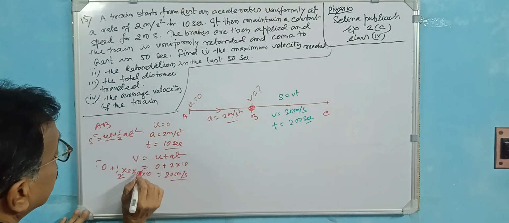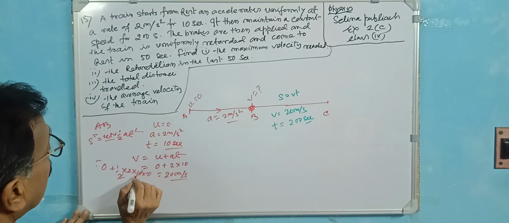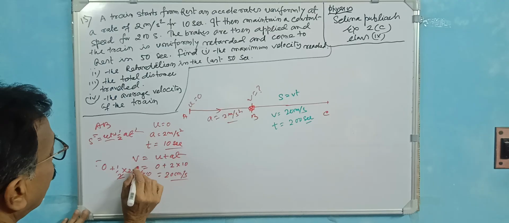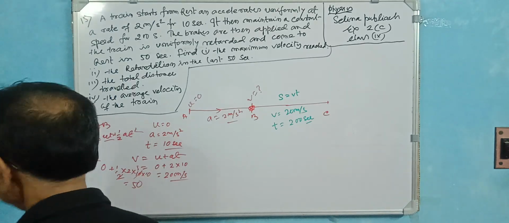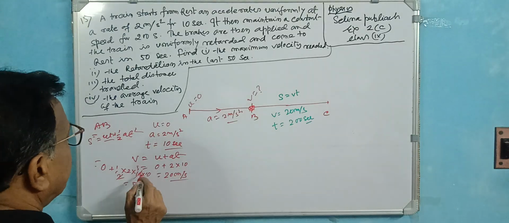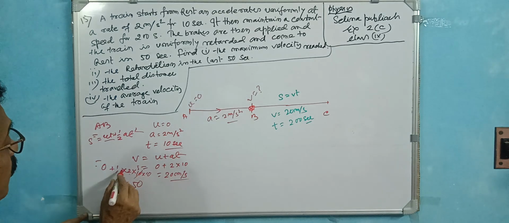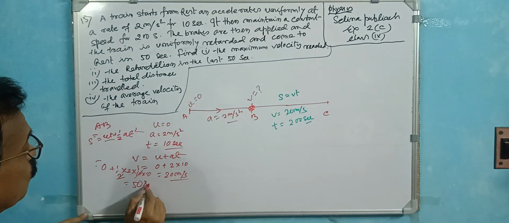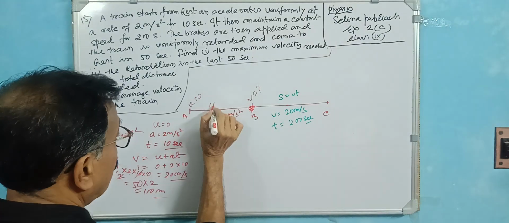So half into 2 into 100, that is 100. So from here to here also, 100 meter.